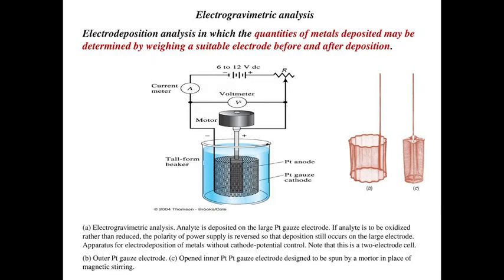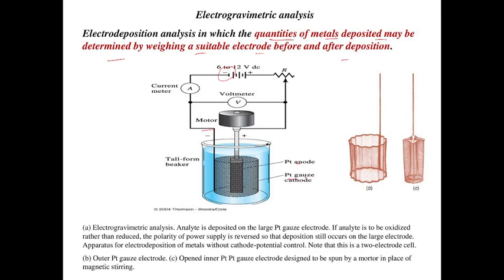Then in electrogravimetric analysis, how does it work? It is an electrode deposition analysis in which the quantity of metal deposited is determined by weighing a suitable electrode. This is a grid electrode, a Waldman analog. You are applying negative voltage here, and this whole platinum mesh is known as the electrode.